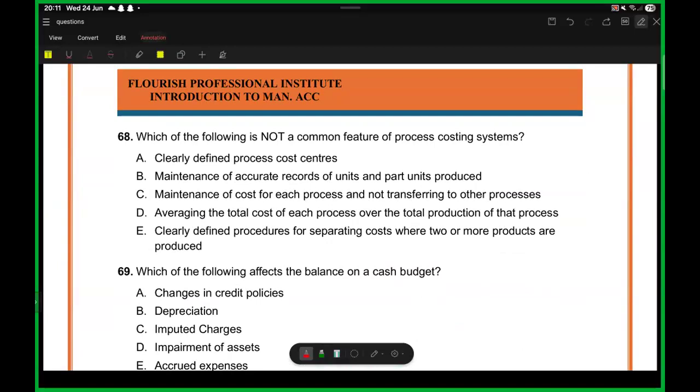B. Maintenance of accurate records of units and part units produced. C. Maintenance of cost for each process and not transferring to other processes. D. Averaging the total cost of each process over the total production of that process. E. Clearly defined procedures for separating costs if two or more products are produced.